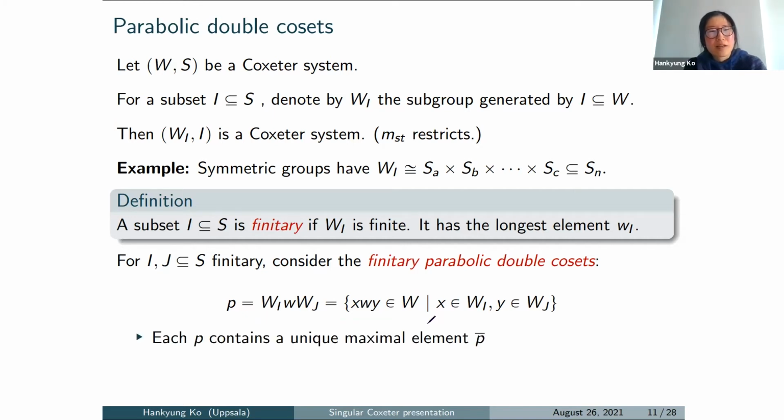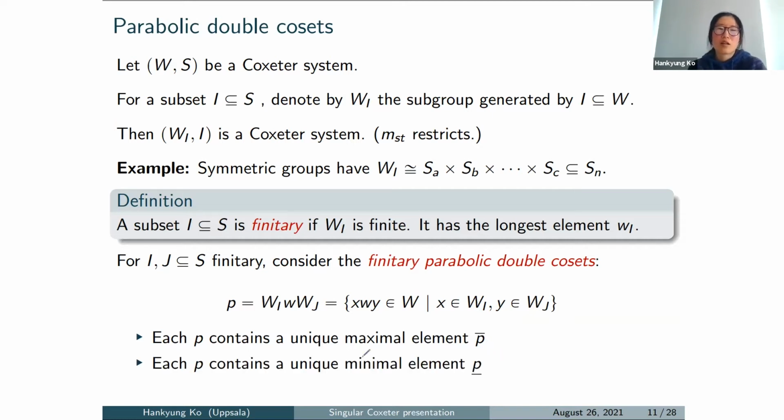And the fact is that, similarly to when you have a finite Coxeter group, this double coset contains a unique maximal element, which will be denoted as overline, and a unique minimal element, which I denote by underline.